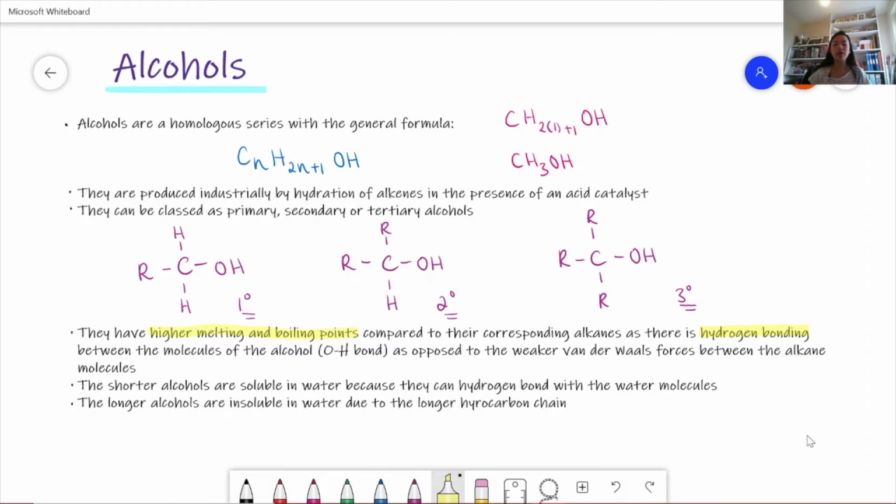This is opposed to the weaker van der Waals forces between the alkane molecules, which take less energy to overcome and so have lower melting and boiling points. The shorter alcohols are soluble in water because they can hydrogen bond with the water molecules. However, the longer alcohols are insoluble in water, due to the longer hydrocarbon chain, which is insoluble.